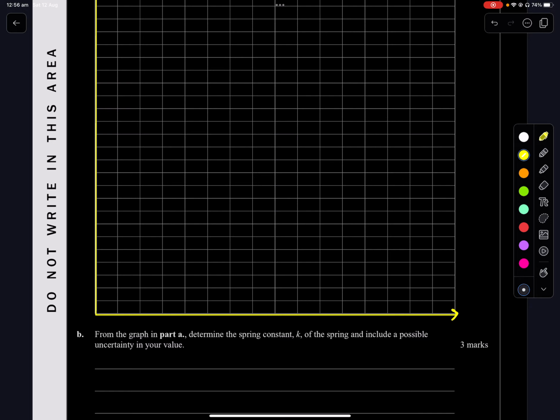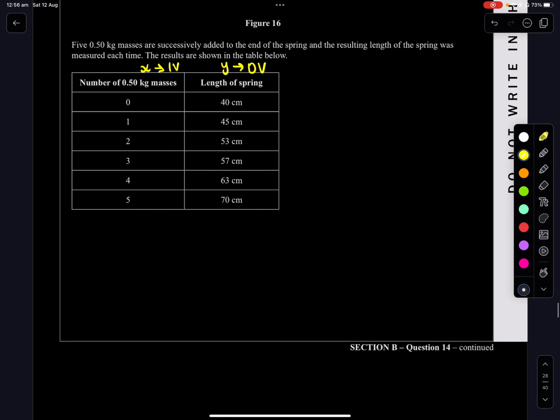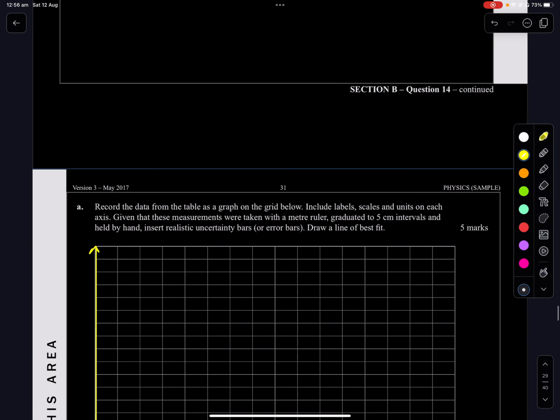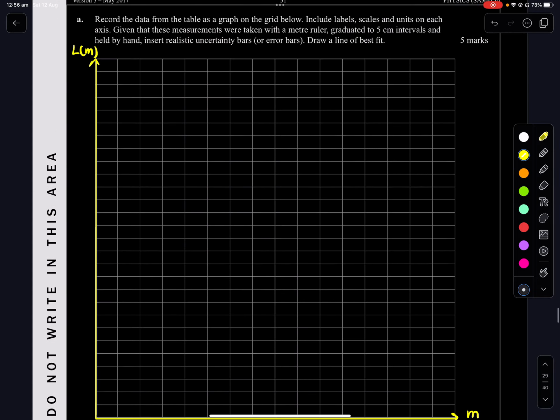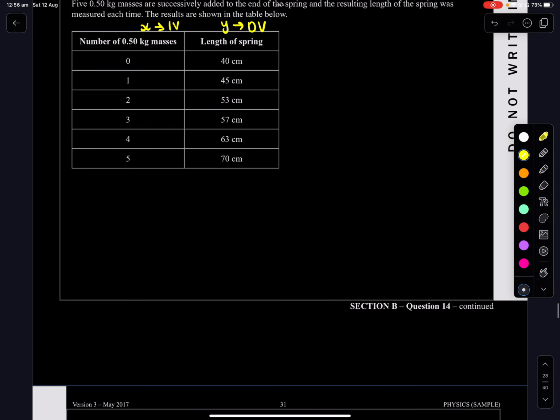Okay, and let's say this is your mass, so m in kilograms, and the other one's in length. So length we'll make in meters. Makes it easier for calculations. We have 5 of these masses.